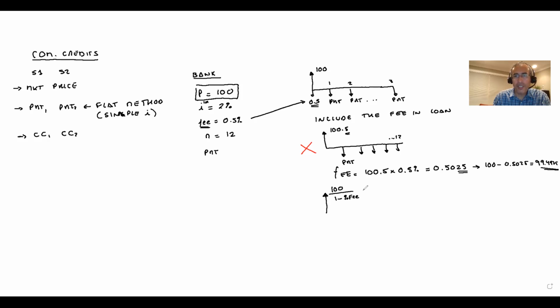Okay, so basically what I'm telling you here is it should be 100 divided by 1 minus 0.005. So this is equal to 100 divided by 0.995, and this is equal to 100.5025.